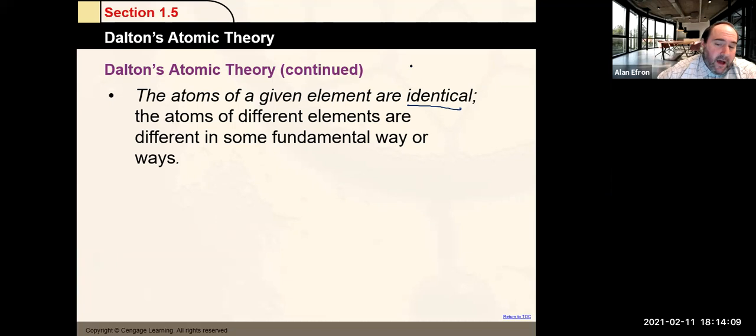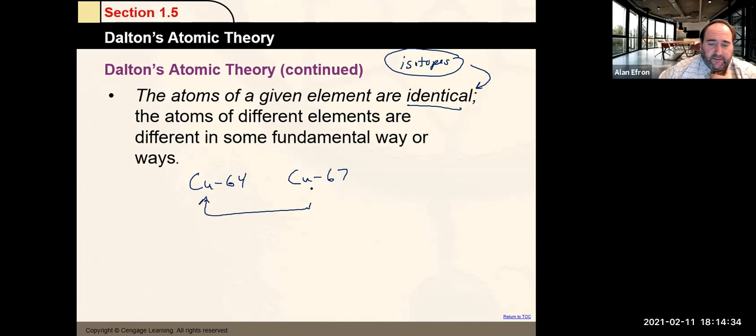And they're actually not, because of the presence of something like isotopes, which we'll talk about more later on in this chapter. Isotopes are the same element, but they have different numbers of neutrons. That tells you that although they're both carbon, you could have something like carbon-64 and something like carbon-67.